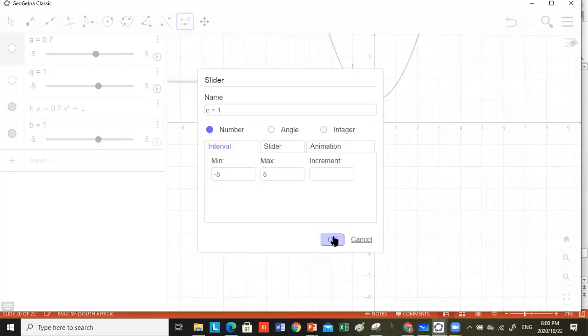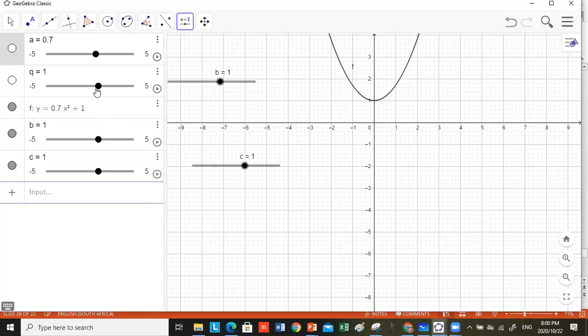So now let's see what is happening if we're changing q. This is my function, so we can make reference to that function and see what is happening to it. If I'm increasing q, look at what is happening: my function is moving upward.